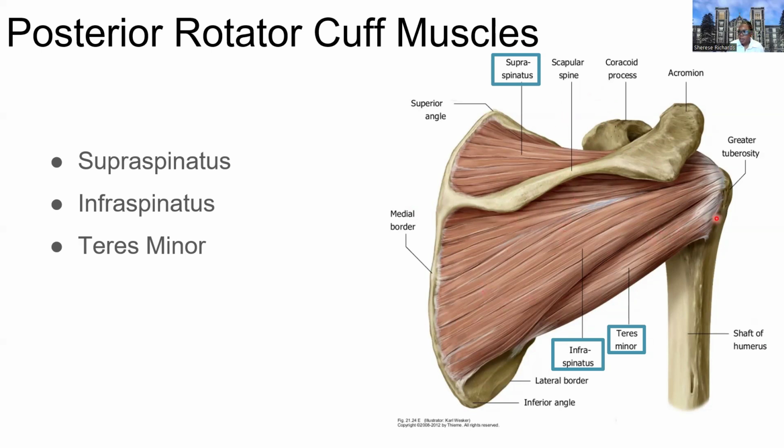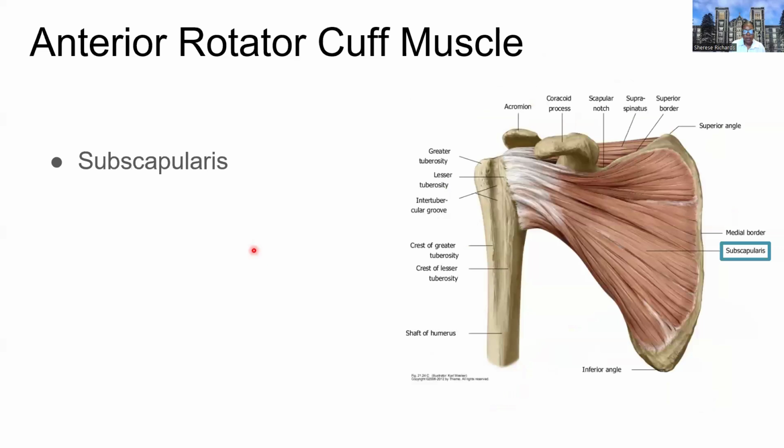Okay, and then notice how they attach to the greater tuberosity. So the greater tuberosity is the attachment for these 3 muscles, whereas the lesser tuberosity is the attachment for subscapularis, okay? Notice how subscapularis is best seen anteriorly because it's in the subscapular fossa, as opposed to the other 3, which are in the posterior scapula.